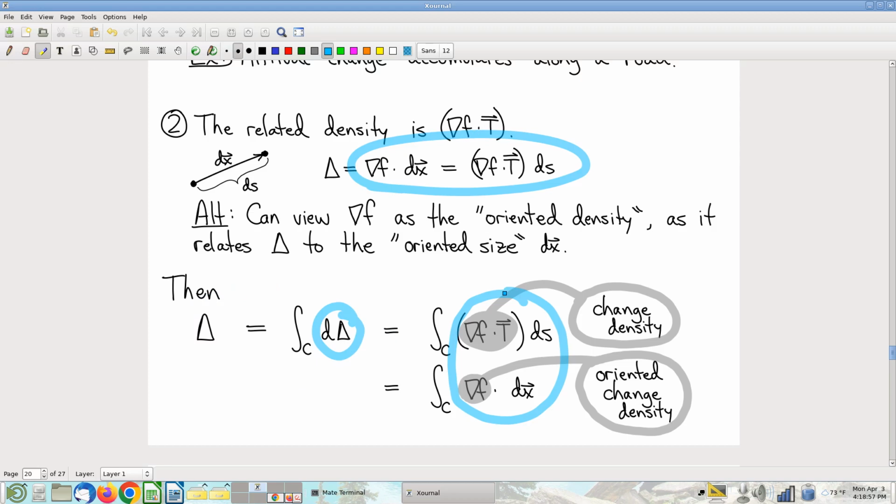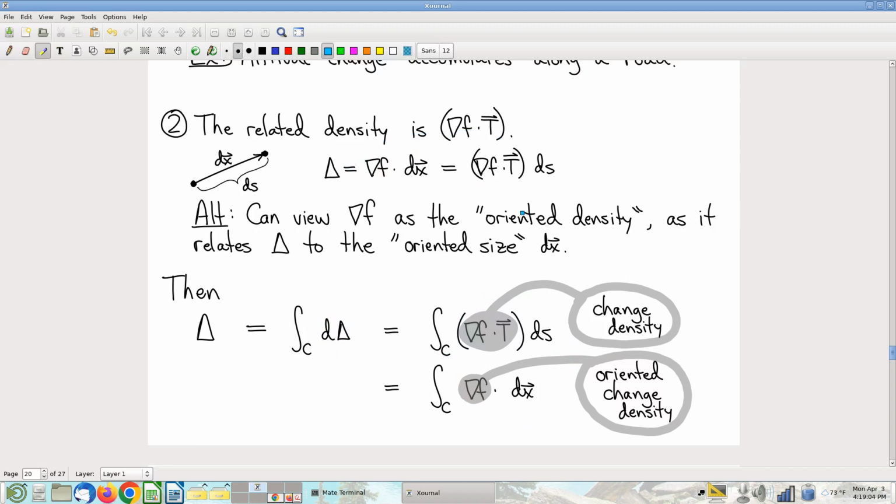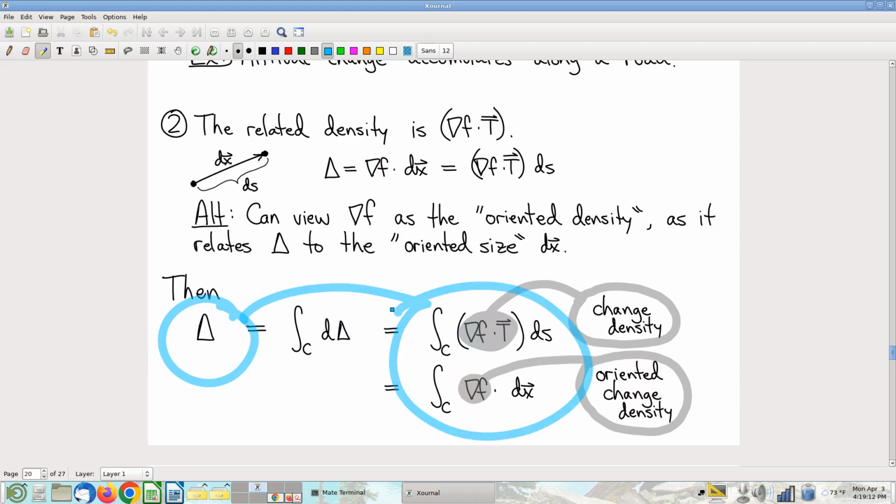Take your pick. Whatever. It's all good. And so we've got then a theorem, which is f of b minus f of a, the total change in whatever our function is, computed by a vector line integral. Think of that vector line integral in whichever way you like.